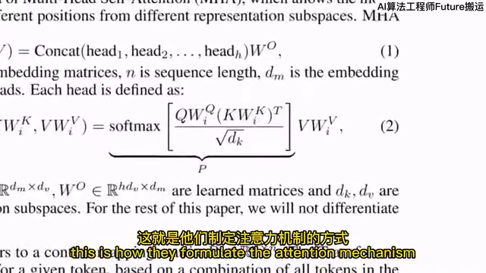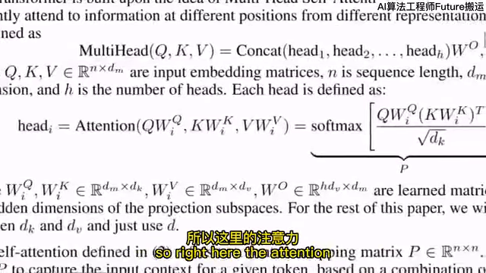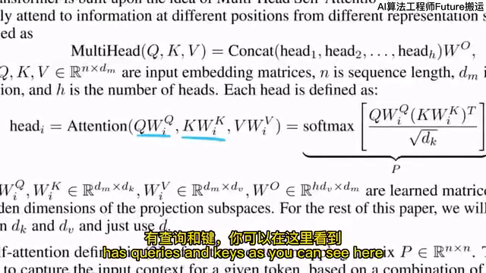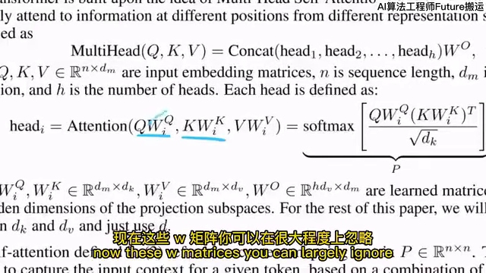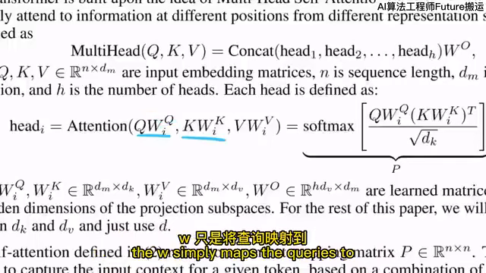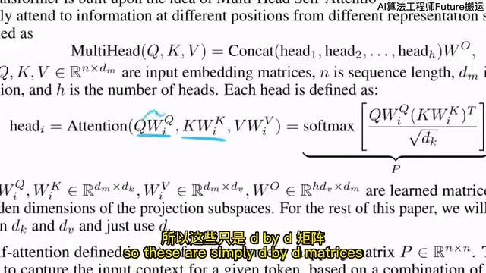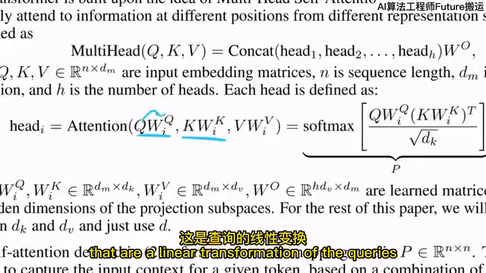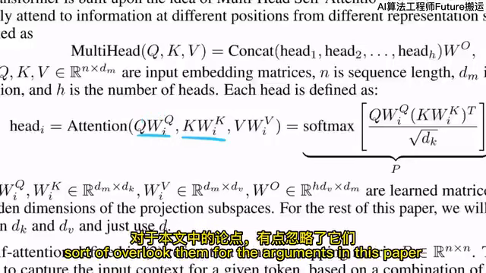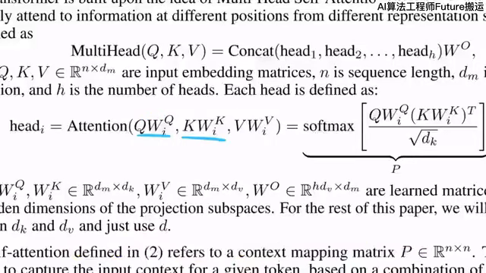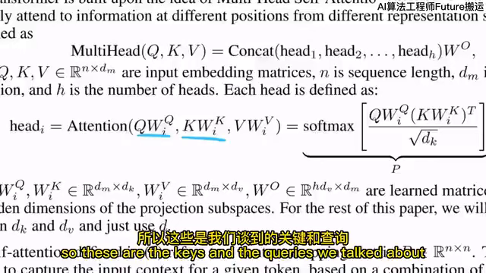All right, so let's dive into their paper. This is how they formulate the attention mechanism. Right here, the attention has queries and keys, as you can see. Now, these W matrices you can largely ignore. They are simply d by d matrices that are a linear transformation of the queries. You can overlook them for the arguments in this paper. So these are the keys and the queries we talked about.